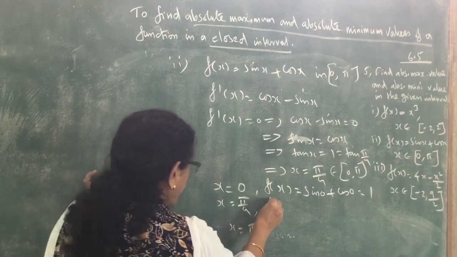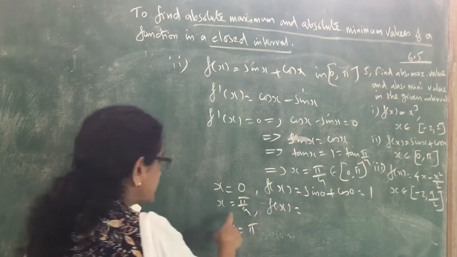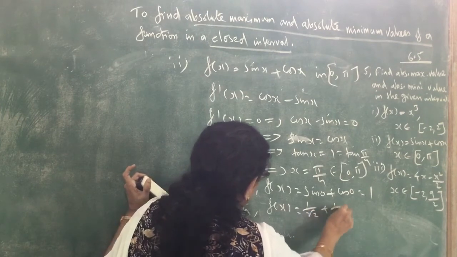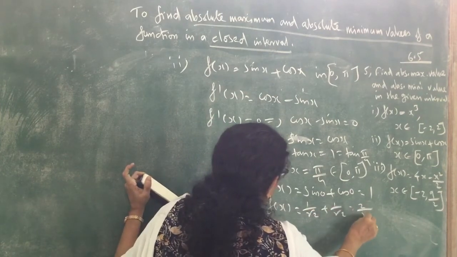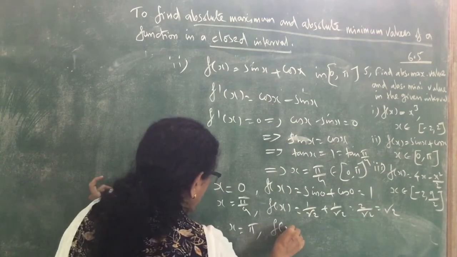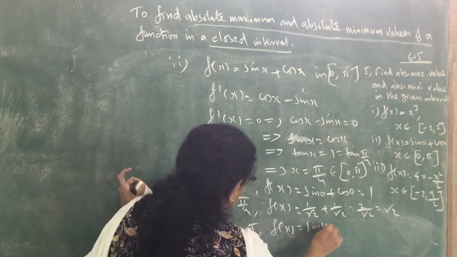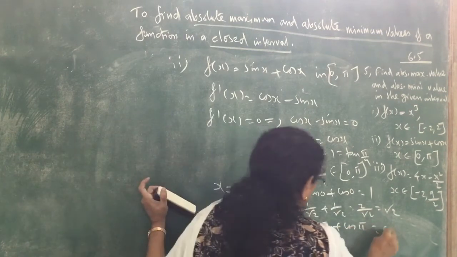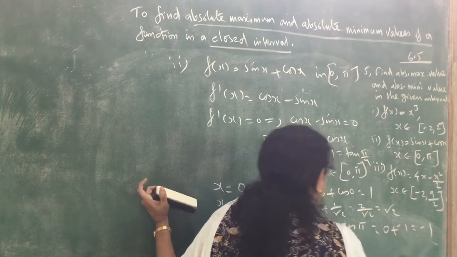Then x = pi/4, f(x) = sin(pi/4) + cos(pi/4) = 1/root 2 + 1/root 2 = 2/root 2 = root 2. Then x = pi, f(x) = sin pi + cos pi = 0 - 1 = -1.